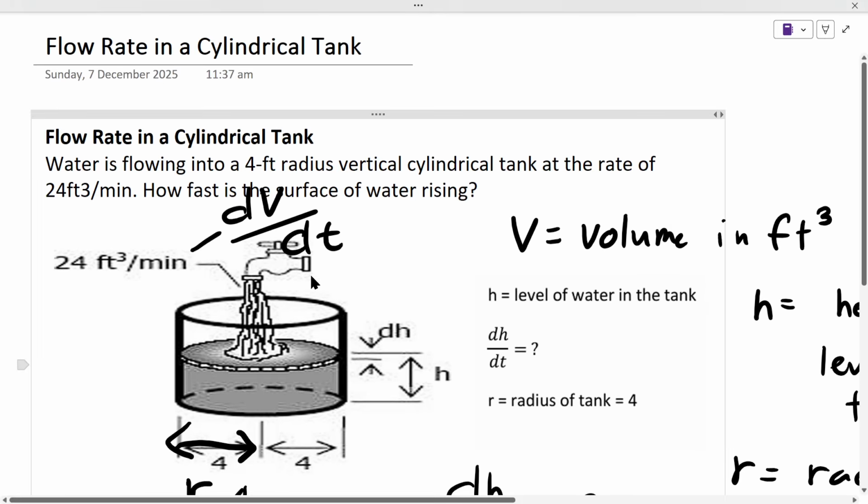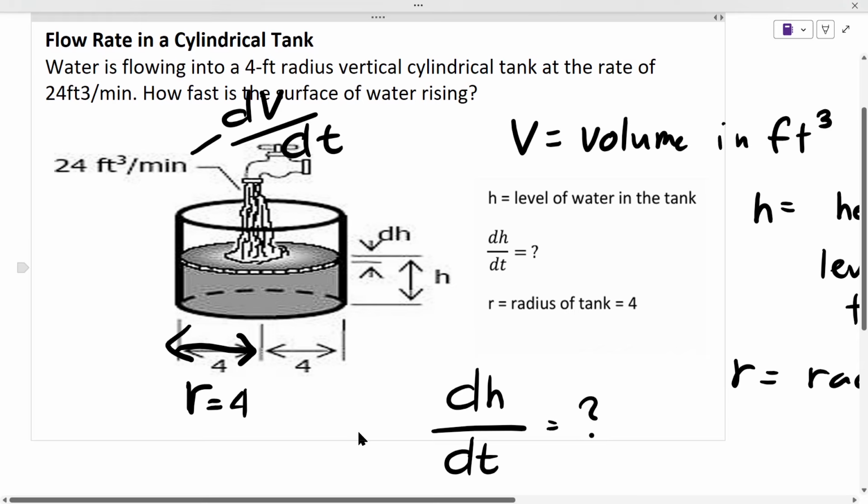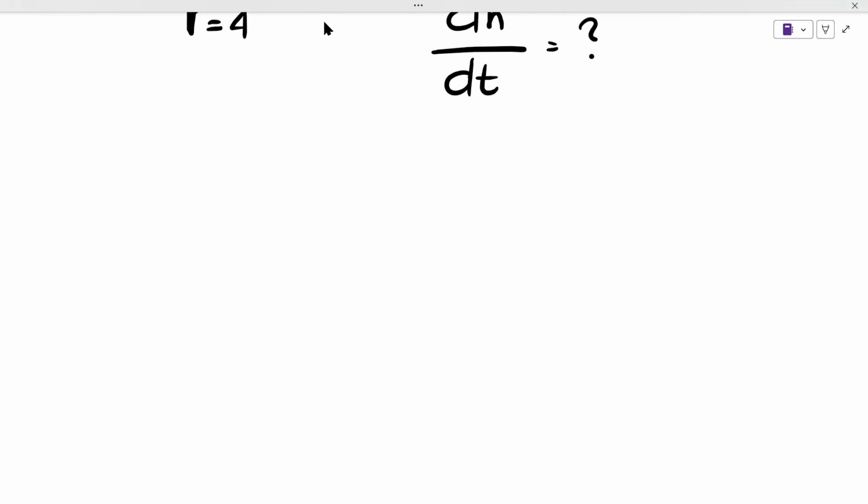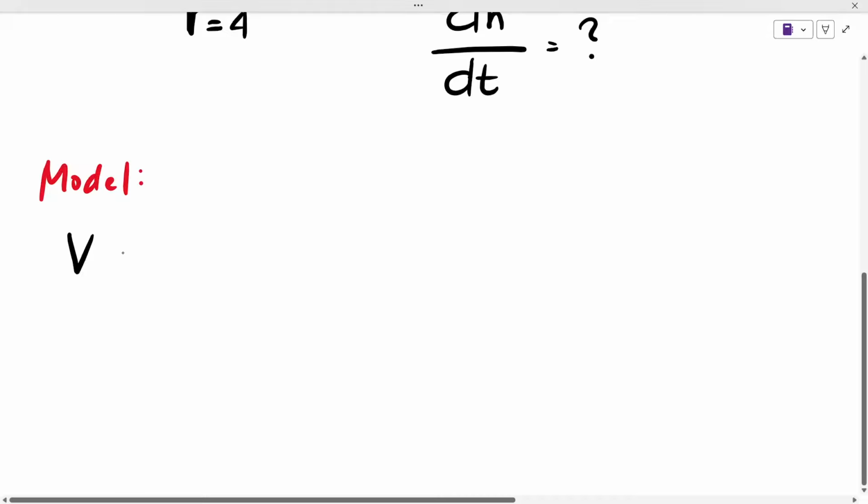What formula is involved here? If you want to know the change of the level of the tank as you're pouring water in the vertical cylindrical tank, since we're dealing with a cylindrical tank, we can use the formula for the volume of a cylinder, V equals pi r squared h.